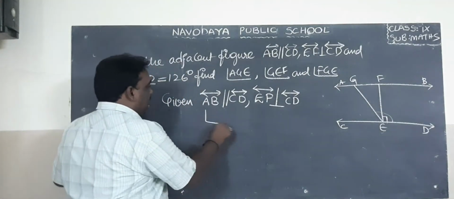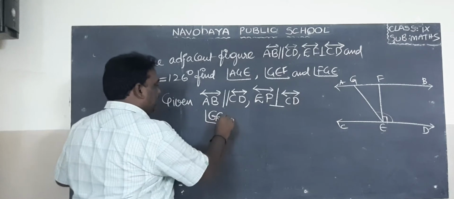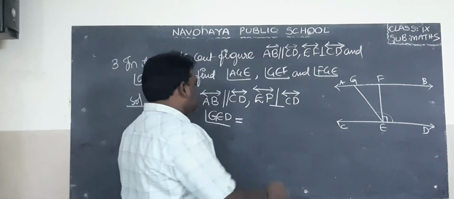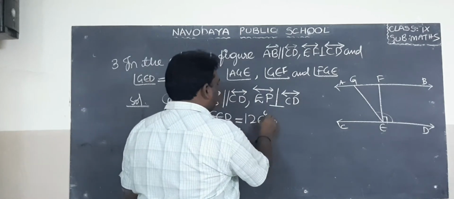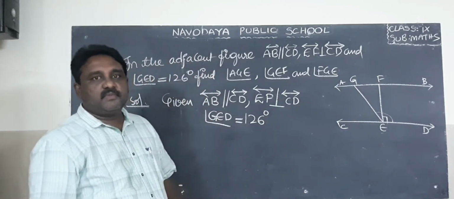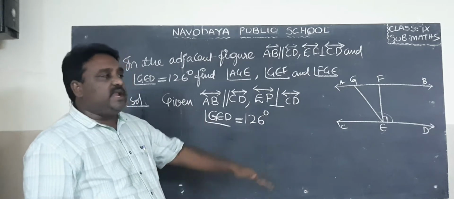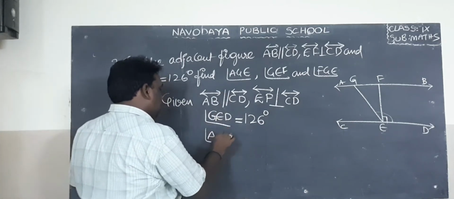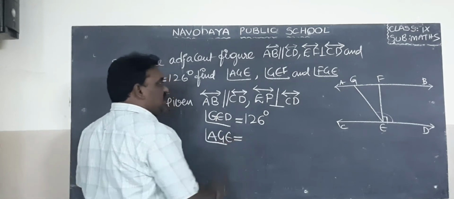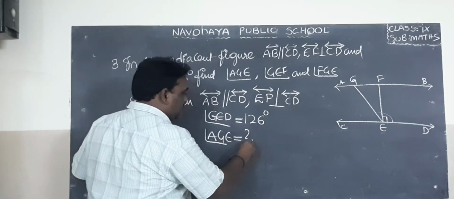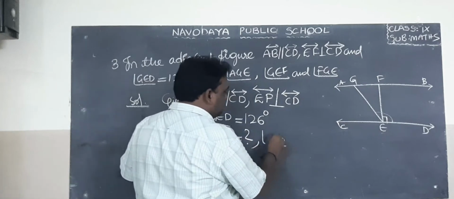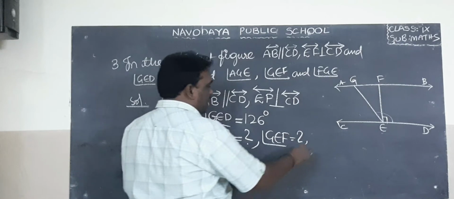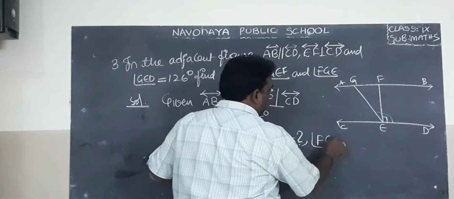Next, angle GED. So it is marked in the diagram. Angle GED equal to 126. It is obtuse angle. What we need to find out? Angle AGE, angle GEF, angle FGE.